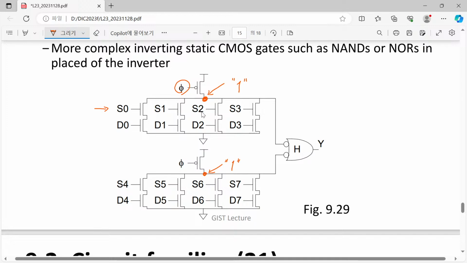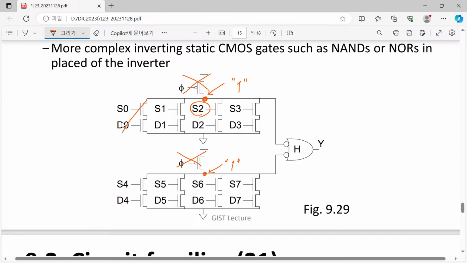For example, let's assume that we select this second signal. Then what will happen? In this evaluation phase, the PMOSFET is gone, and all other S signals are 0.